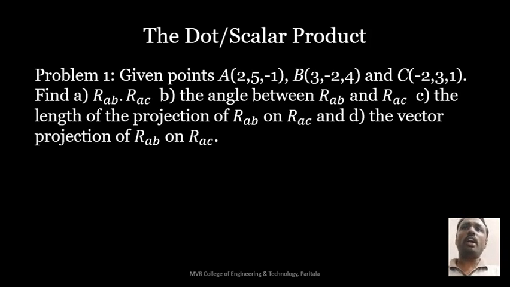Now we have to identify RAB and RAC. How can we identify the vector RAB? Now we have 3 vectors, small RA, small RB and small RC. So RAB is equal to small RB minus RA. In a similar way, RAC is equal to small RC minus small RA.